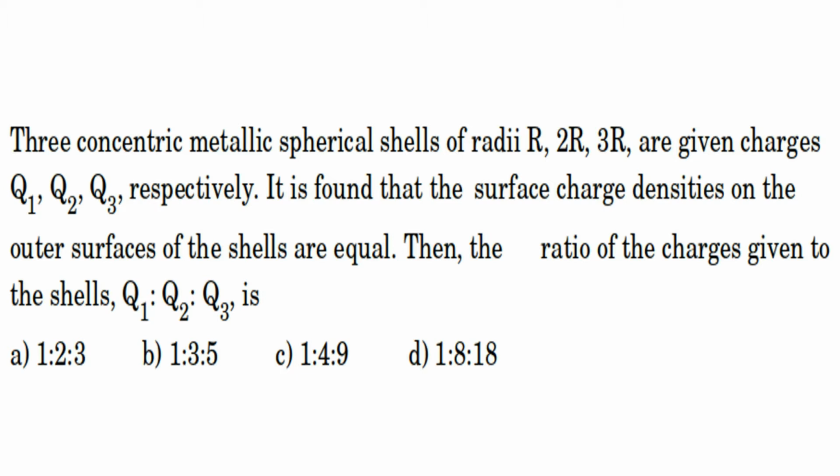If it is found that the surface charge densities on the outer surfaces of the shells are equal, then the ratio of the charges given to the shells Q1 is to Q2 is to Q3 is. Options are 1 is to 2 is to 3, 1 is to 3 is to 5, 1 is to 4 is to 9, and 1 is to 8 is to 18.